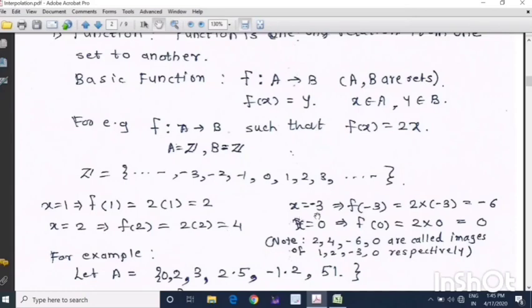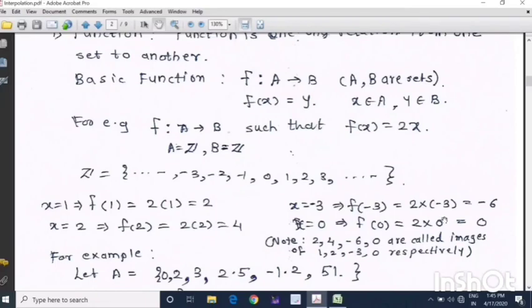Next value x equals minus 3. So let us take f of minus 3. In the formula we will put x equal to minus 3. Whenever there is a negative value, please put it in brackets so that sign mistakes will not happen while multiplication, addition or subtraction.